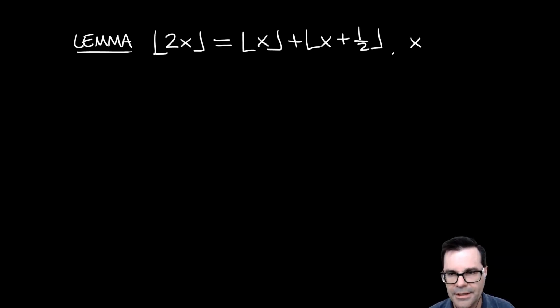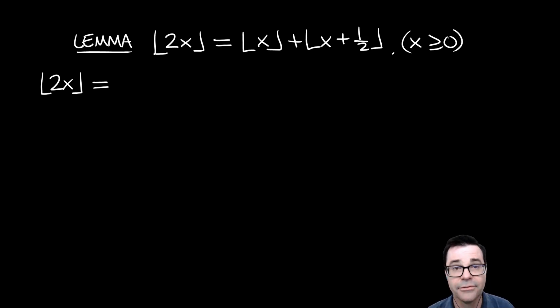And this is for any x bigger than or equal to 0. Now, why is this true? How can I go about showing this? Well, let's look at the left-hand side here. What is the floor of a number? The floor of a number is just the number of positive integers up to and possibly including that number.